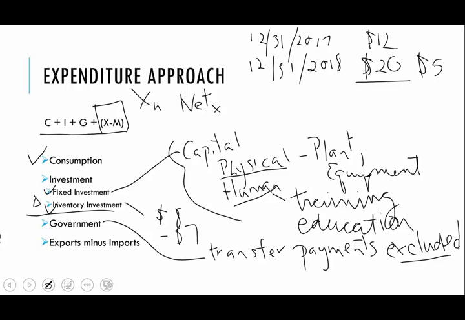We're going to add what we sell to people from foreign countries, that's exports, and we're going to subtract what we purchase from foreign countries, that's imports. For maybe all the years of most of you all's lives, this has been a negative number. So generally X minus M is going to be a negative number.